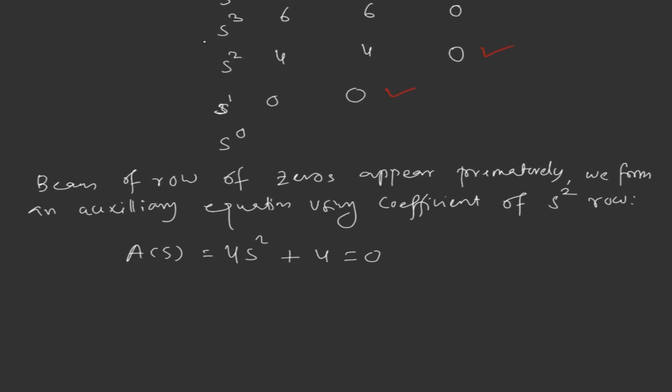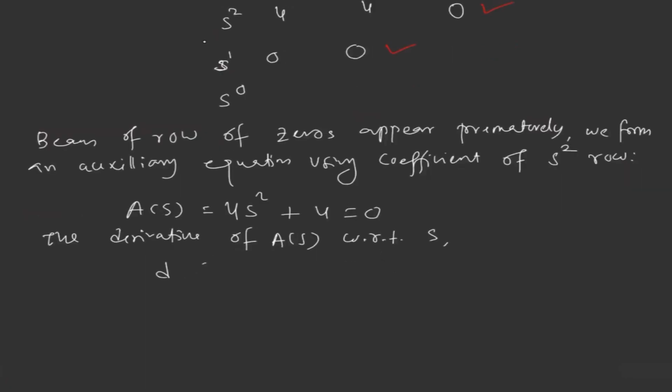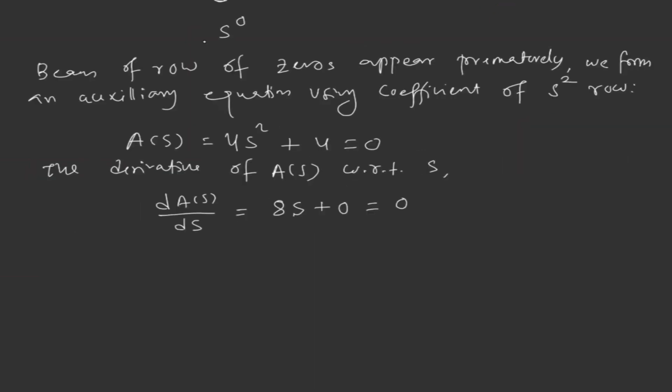And we'll take the derivative with respect to s, which yields dA/ds equal to 8s plus 0, equal to 0. So now from which we can come up with the coefficients, basically 8 and 0.